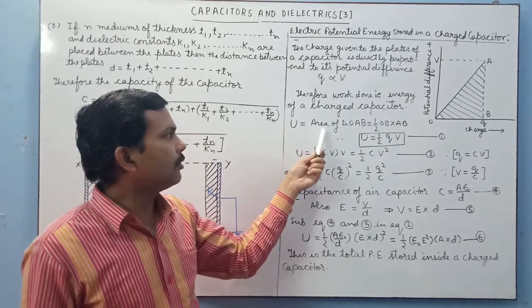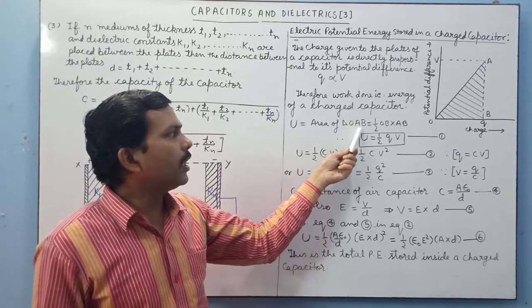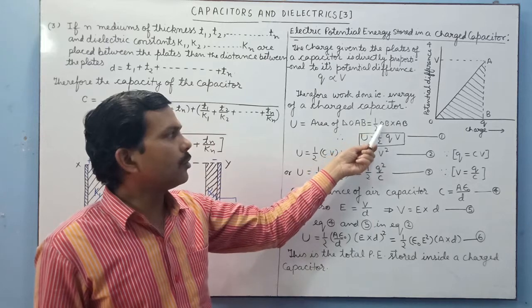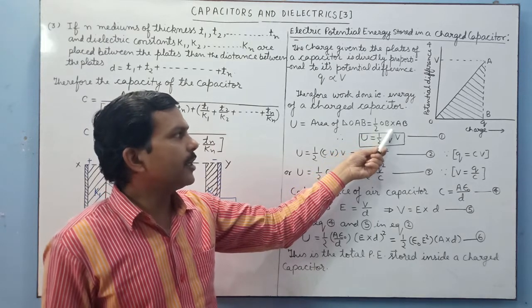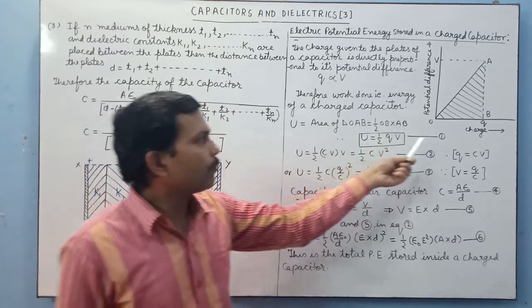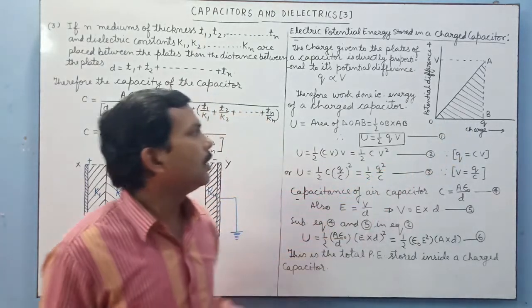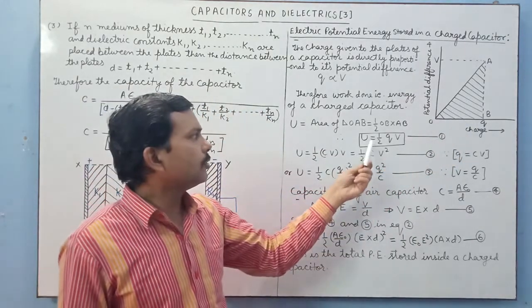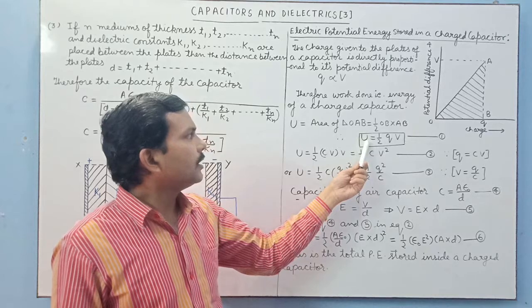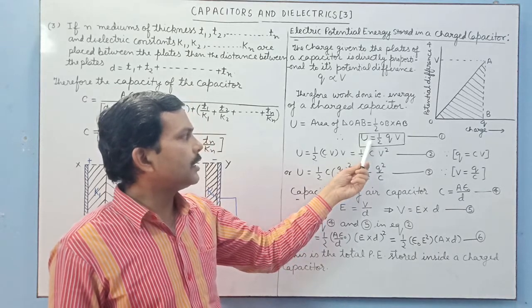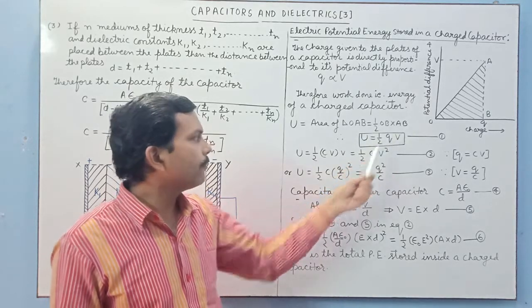U is equal to the area of triangle OAB. This will be 1 upon 2 OB into AB. Here OB is Q and AB is V. So the potential energy is equal to half Q into V.